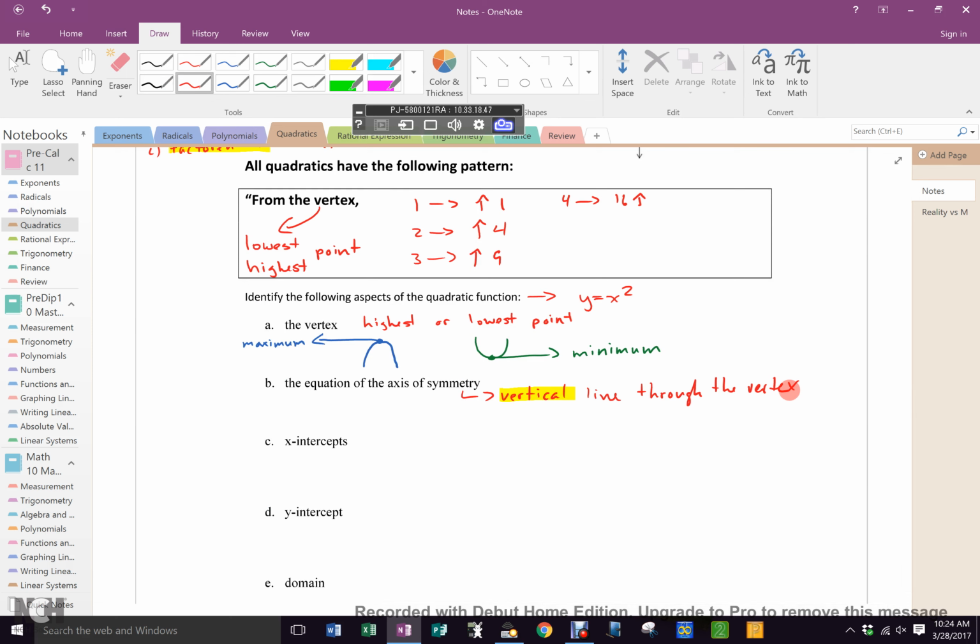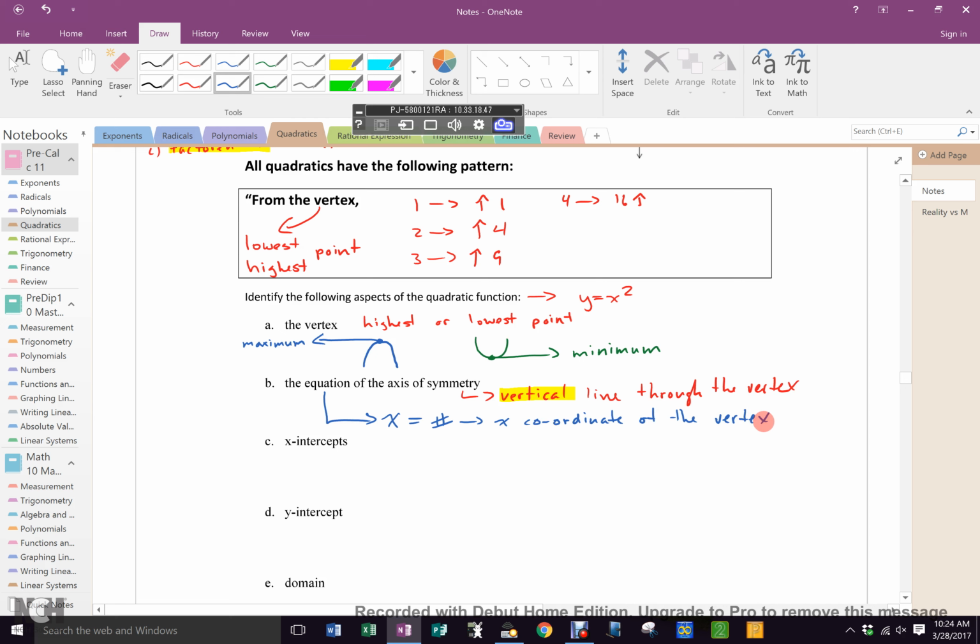But since we are dealing with the Cartesian plane, we need the equation of that. So what is the equation of a vertical line? Not y equals 0, x. It's x equals something, right? It's x equals a number. And that number is the x coordinate of the vertex.